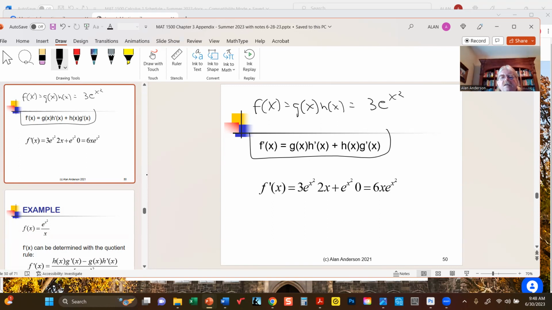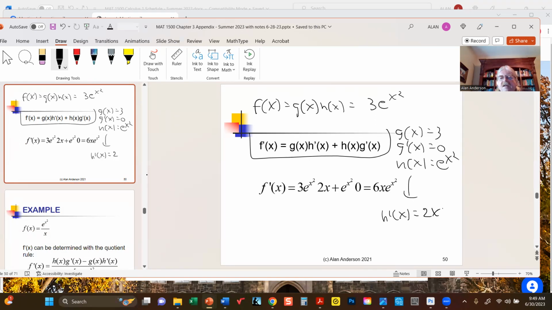We determined that g of x is 3, g prime of x is 0. h of x is e to the x squared. And then we determined just now that h prime of x is 2x e to the x squared.